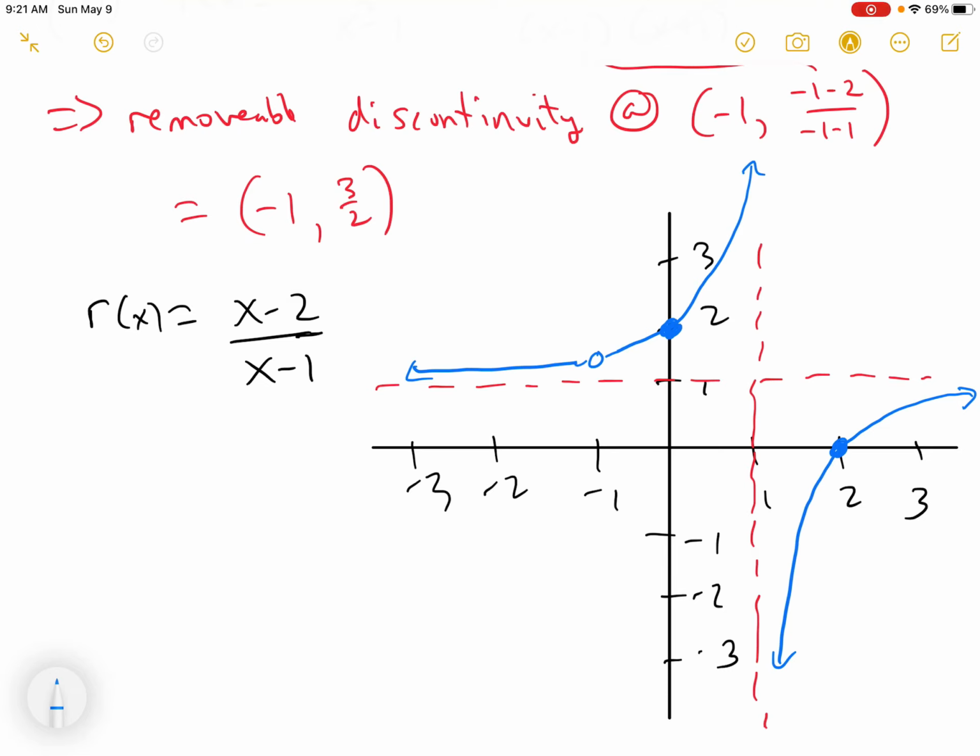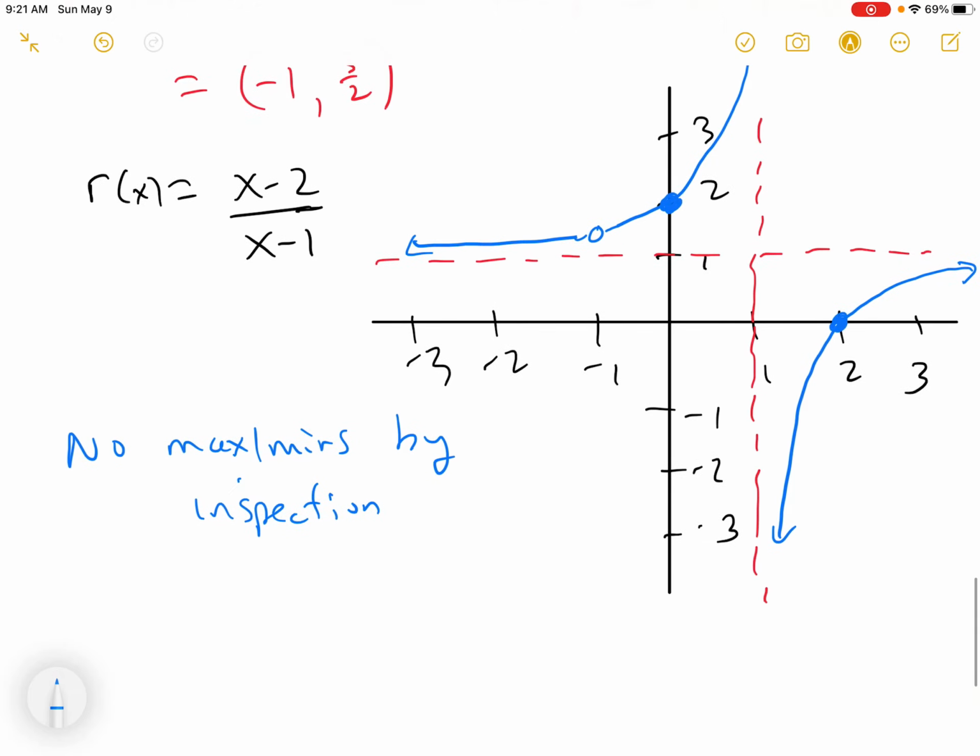No maxes and mins by inspection. And it's concave up on minus infinity to 1 and concave down on 1 to infinity. All right, enjoy.